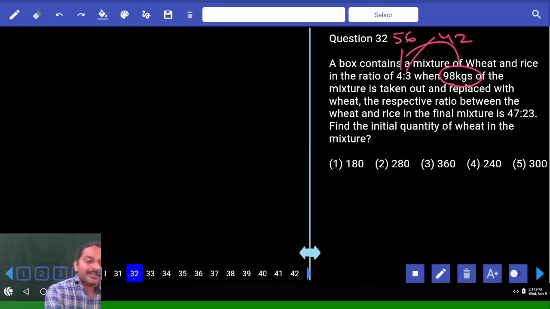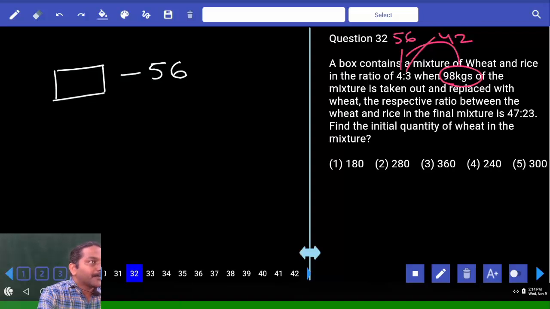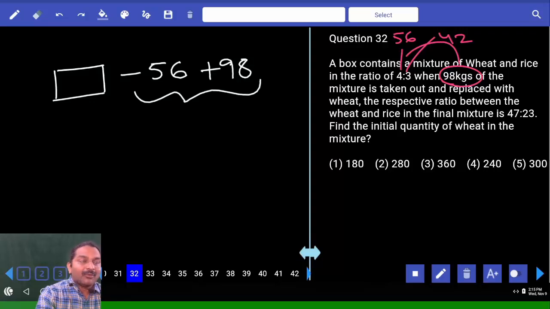Now, there is the initial quantity here, which is wheat. From that, 56 is going out. 98 kgs is taken out, right? Out of 98, wheat is 56 only. Then again, how much wheat are we adding? 98. So finally, what is happening?